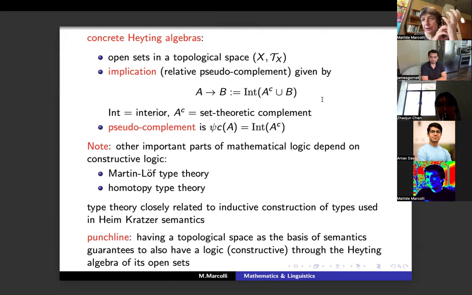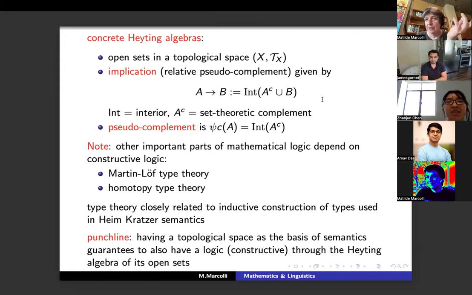Of course, Boolean logic is in a sense more powerful than constructive logic. On the other hand, constructive logic is really the basis for several important parts of mathematical logic, in particular type theory, like Martin-Löf type theory, which I will not talk about.